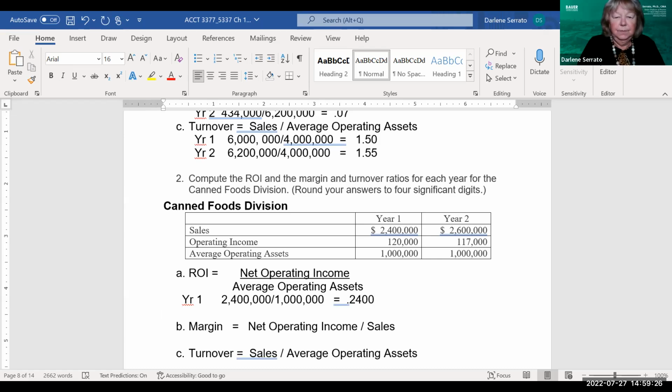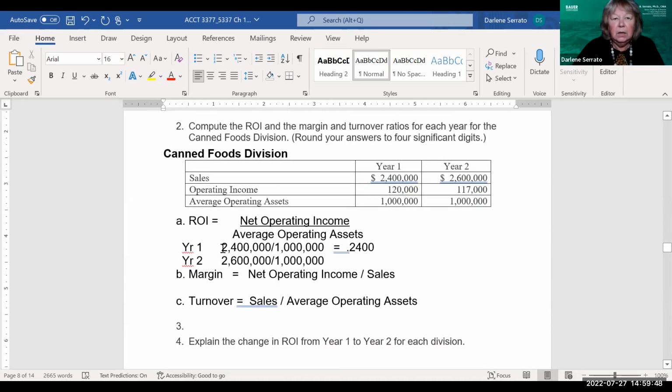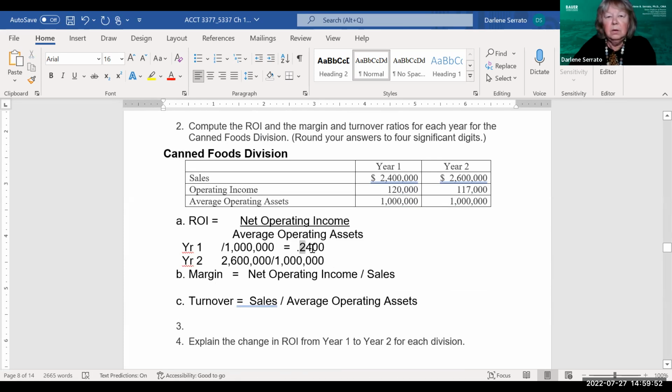Year 2, 2,000,006 divided by 1 million. Oh, I know what I'm doing. I'm not picking up operating income. Picking up the wrong number here.